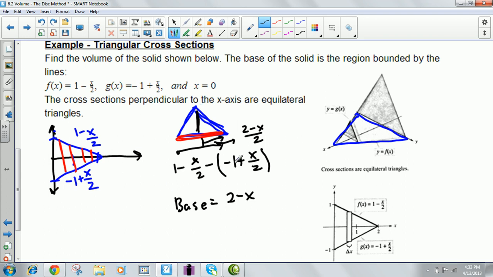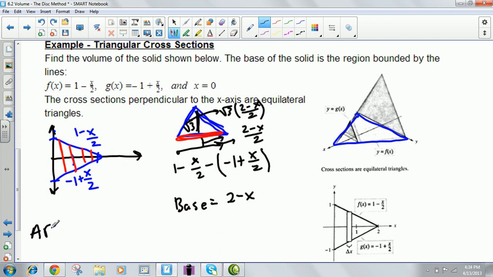And with an equilateral triangle, if this is x, this would be radical 3 x. So it's going to be radical 3 times 2 minus x over 2.